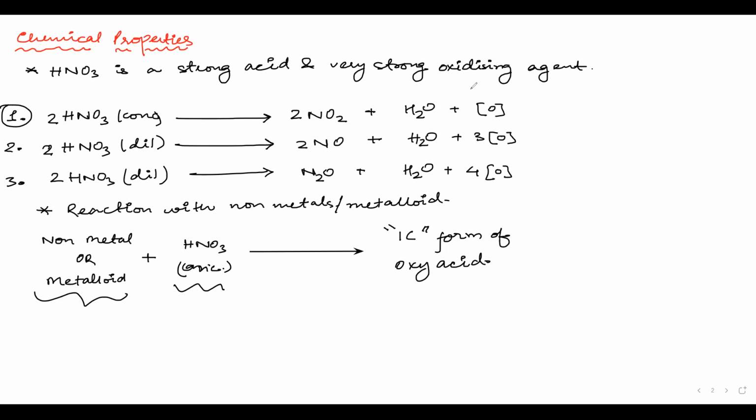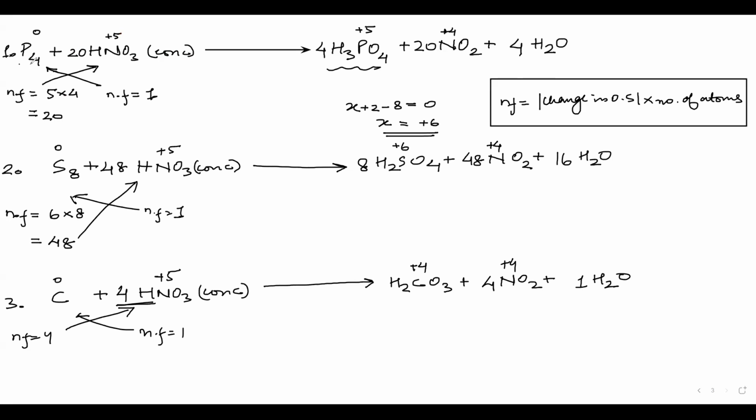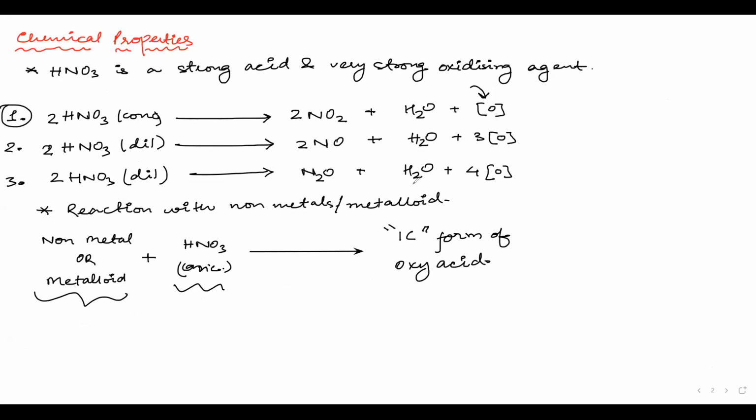See, phosphorus didn't have oxygen, so phosphorus is oxidized due to that oxygen. This shows that it is of oxidizing nature. So the products that you have to remember are these 2 products, and more importantly, these NO2, NO, and N2O. For concentrated, it is easy.